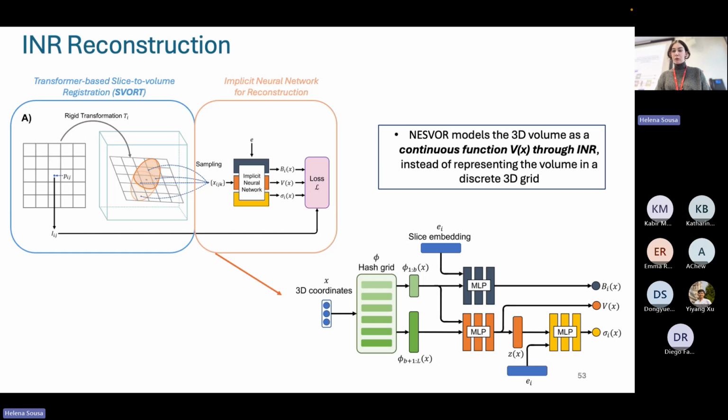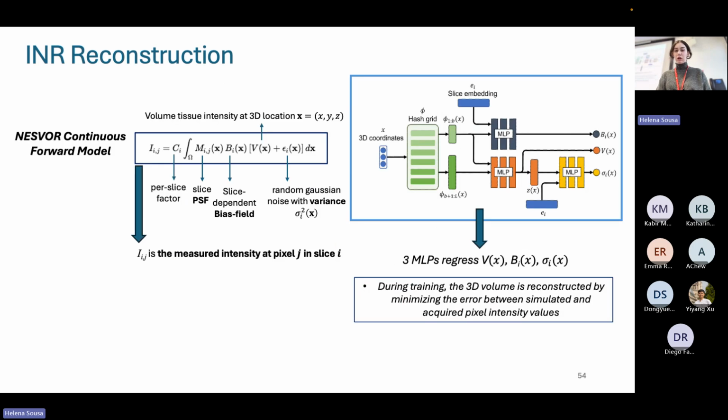NESVOR models this 3D volume as a continuous function instead of representing the volume as a discrete voxel grid, like what happens in the classical methods. And this is one of the great advantages, because it means that we have a resolution agnostic image during inference.